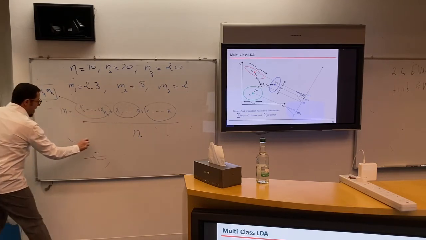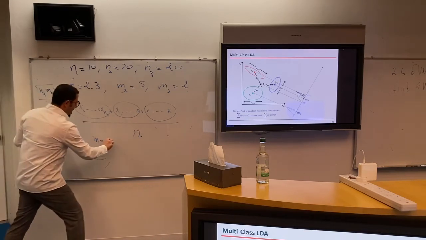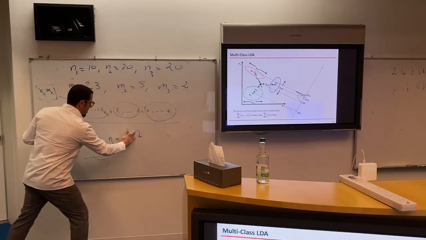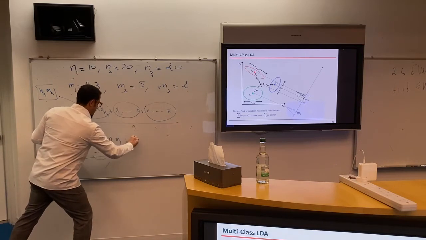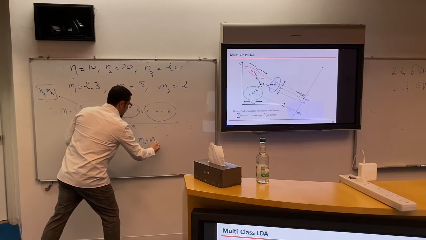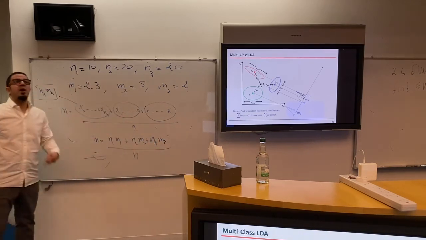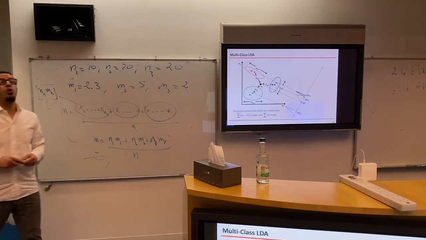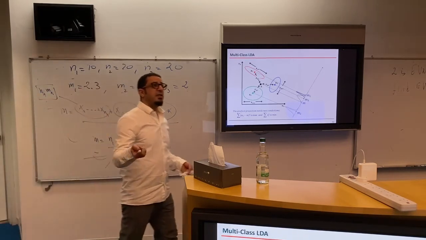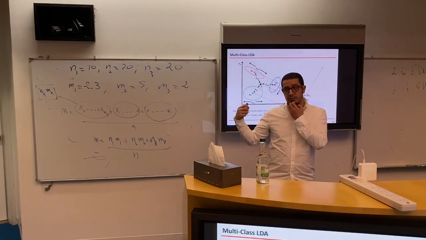We call it a weighted average. It will be n1 times m1 plus n2 times m2 plus n3 times m3, divided by n, which is n1 plus n2 plus n3. This is the total mean regardless of the label, the weighted average.